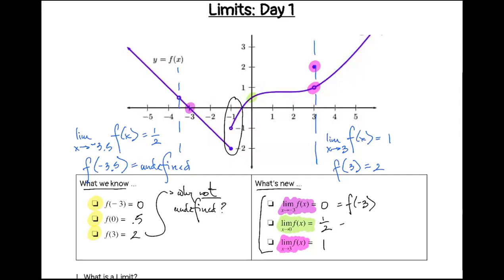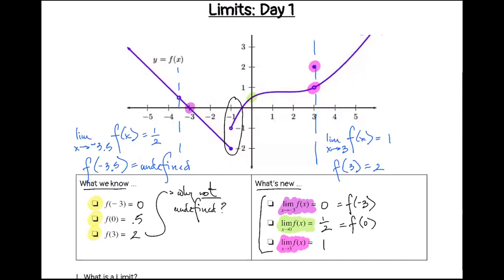Now, what about that lime green point? Does the function actually get to 1/2 at x equals 0? Yeah. So we could say that this equals f of 0. Okay.